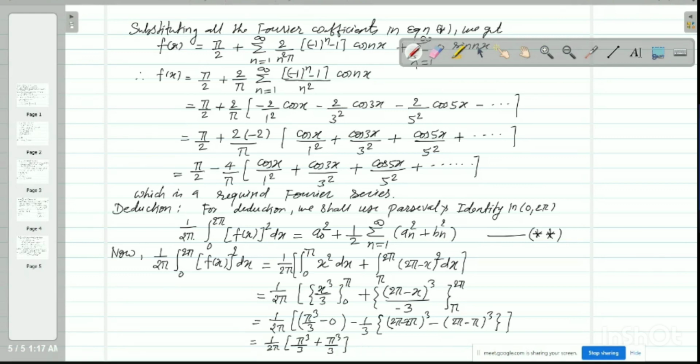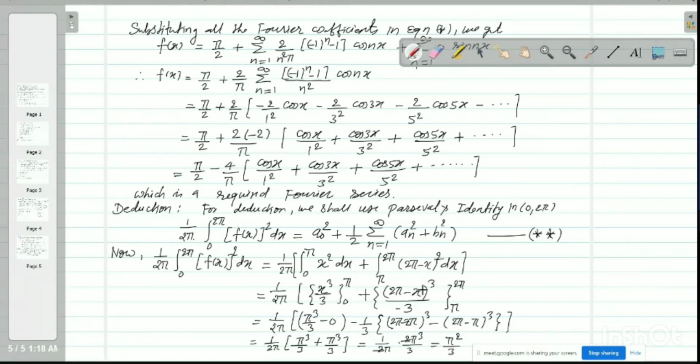Simplify: pi cube by 3 plus pi cube by 3, 2 times pi cube by 3, so 1 upon 2 pi into 2 times pi cube by 3, and the 2 and pi will cancel, so you will get pi square by 3. I think this is correct. Yes, absolutely correct.